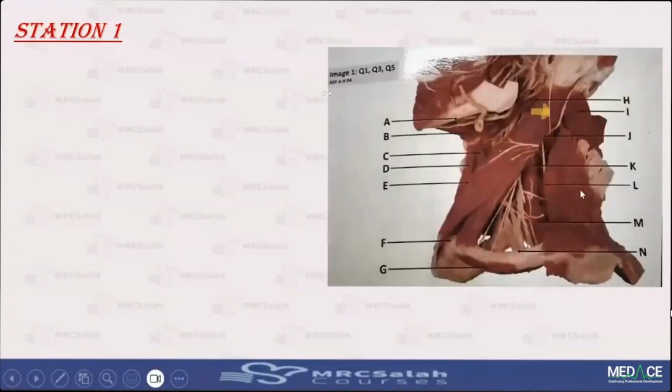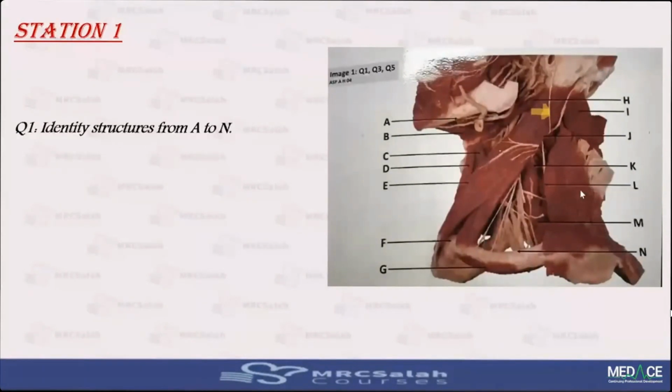Okay, so let us start our first station of the first picture. And could you identify the structures, please? Okay, the A, this seems to be lingual nerve. The B is anterior belly of digastric. The C, superior belly of omohyoid.